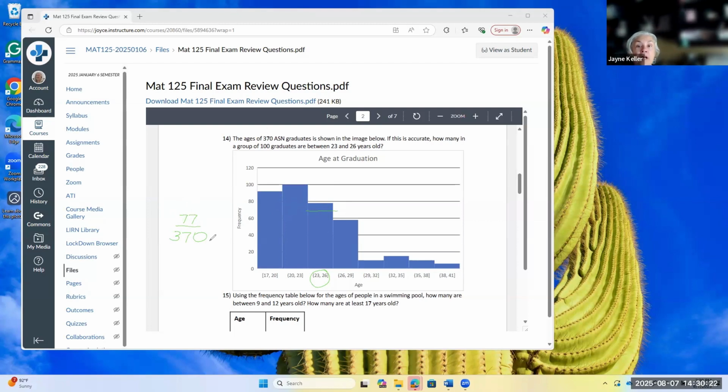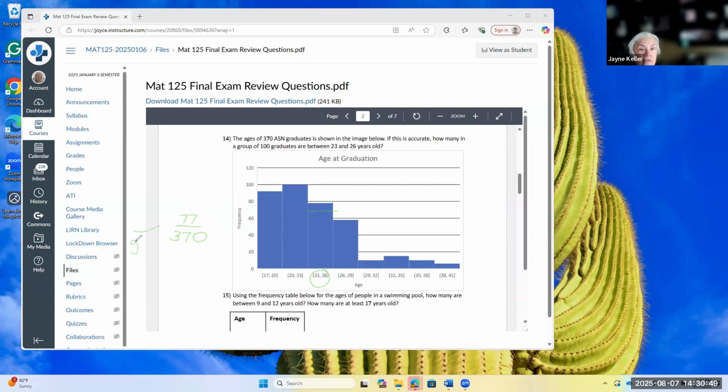So this is the fraction of my graduates who are between 23 and 26, 77 out of the 370. I am assuming that if that's an accurate ratio of how many graduates fall into that age range, then I should be able to compare for any given size group.